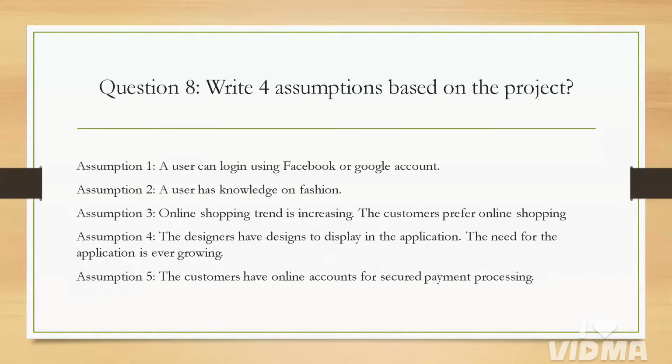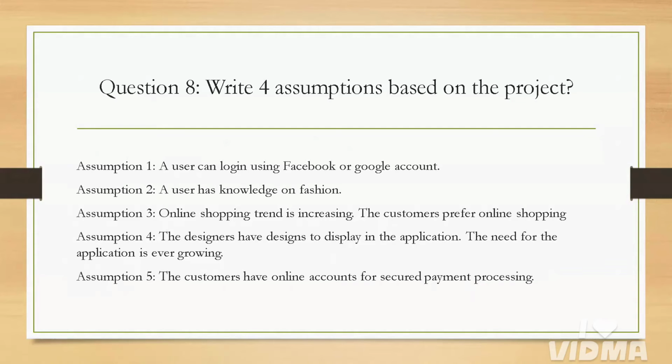And question number 8: write about four assumptions based on this project. Assumptions are things which may or may not happen. By considering these assumptions, we should keep them in mind and work on the requirements. For example, you can consider a stable internet connection. The user or actor should have a stable internet connection to access the application, right?